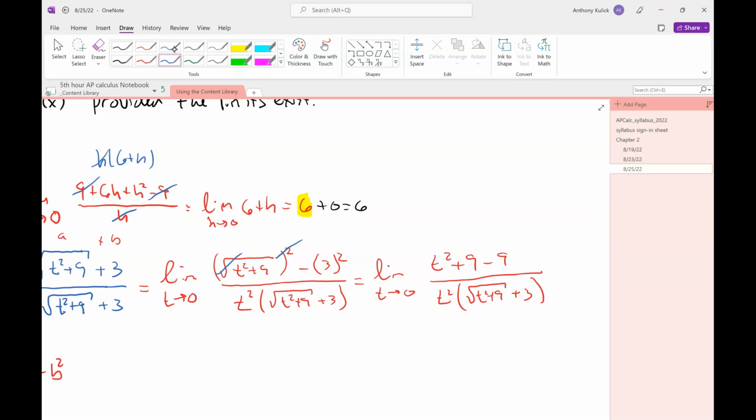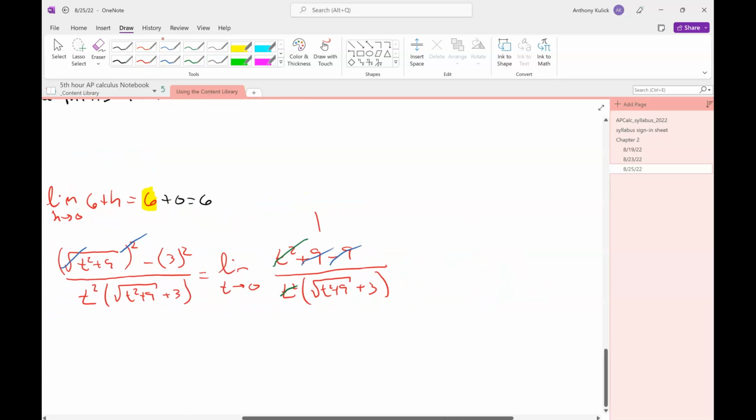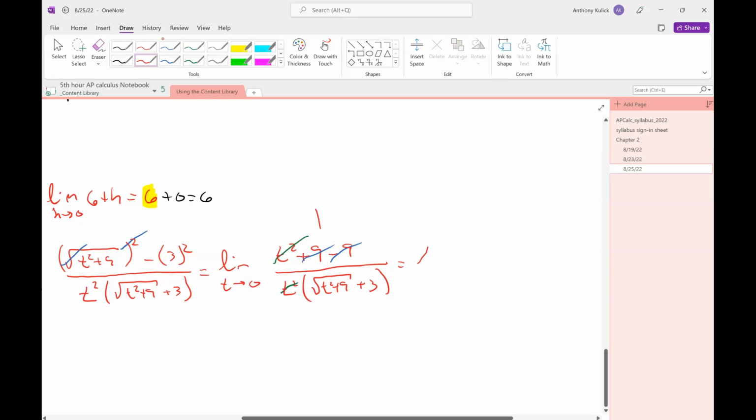Everybody's cool with that? What do you notice? Plus 9 minus 9 cancels out, and then the t squareds can reduce. What did we just do? We got the t squared out of the denominator. That was the whole problem in the beginning, right?